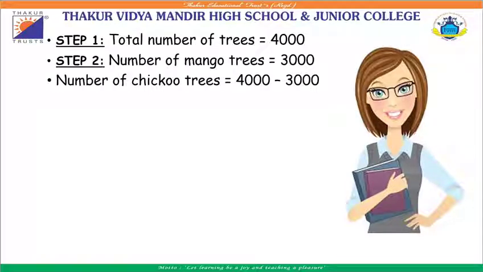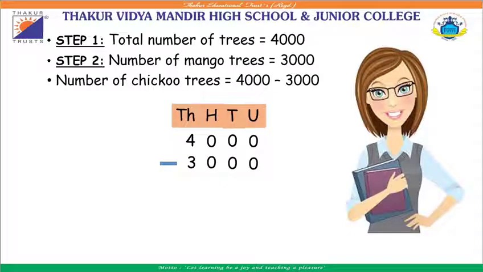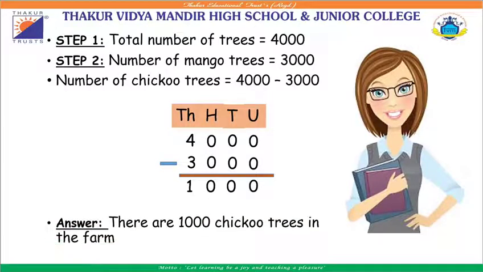So it will be 4000 minus 3000. By doing the subtraction, I am getting the answer 1000. Are you all clear? So, there are 1000 chiku trees in the farm.